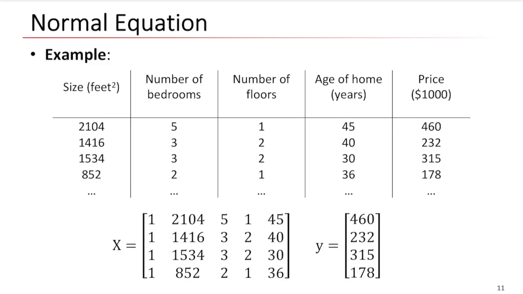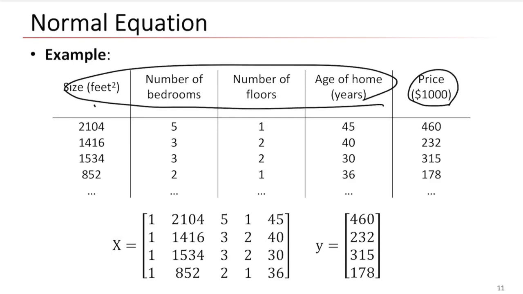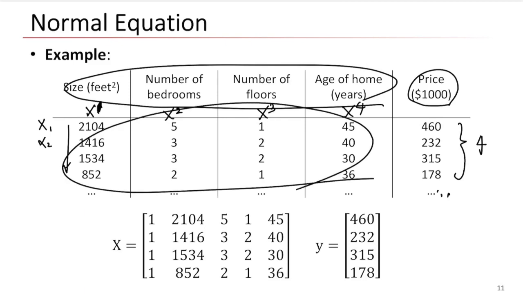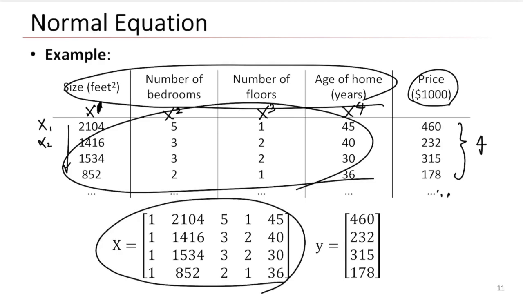Okay, let's see the previous example here. This example is to estimate the house price from several kinds of input variables. Let's say x1, x2, x3, x4, and these are the samples, like x1, x2. Let's say we have 4 samples, and then we can represent this input variable like this.